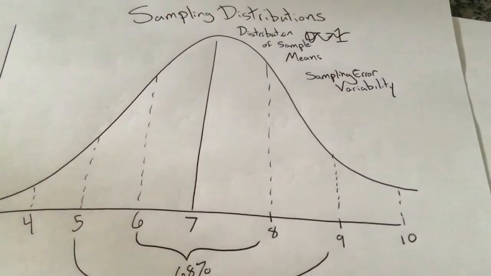So sampling error or variability refers to the variability or the change that is realistic to see from one sample to another.